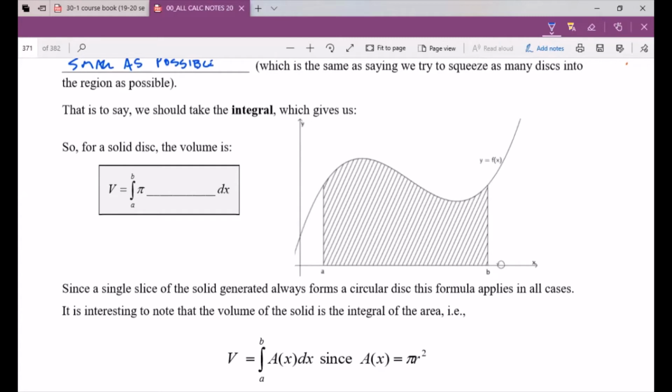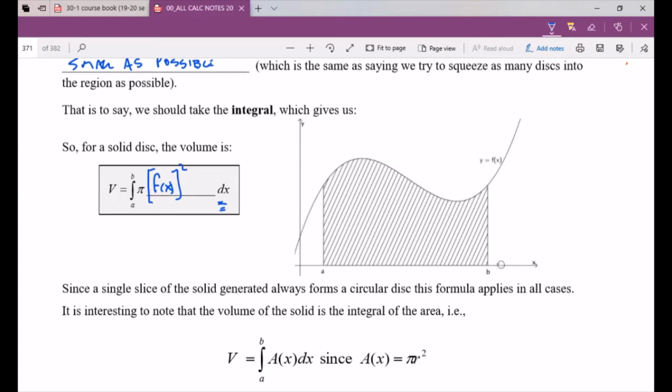So for a solid disk, our volume is going to be equal to pi times f of x squared, because there's your r squared, and then dx represents the height of the cylinder, or the thickness of the cylinder.